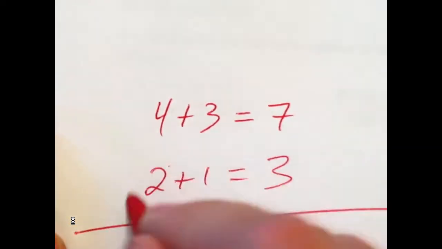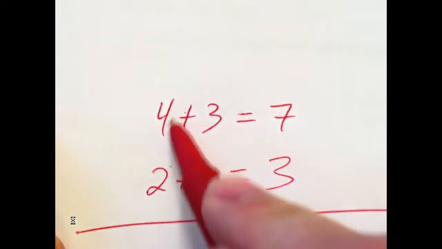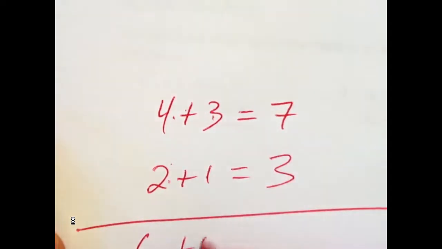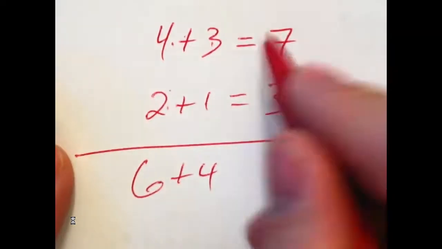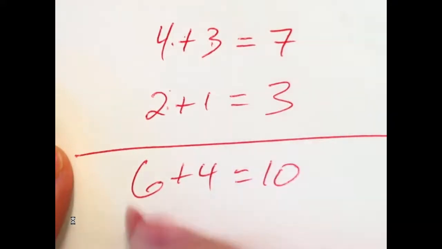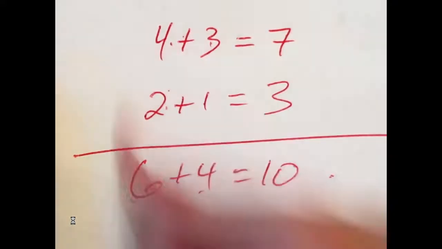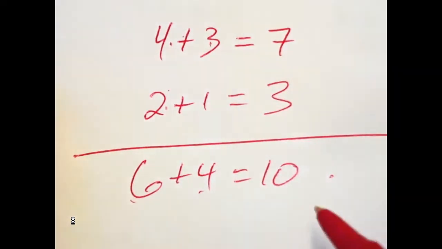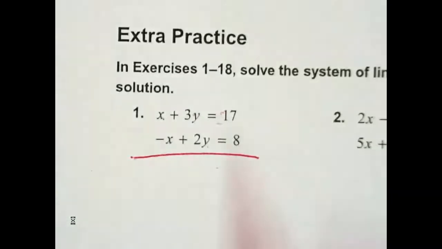If I add these 2 equations together, what's 4 plus 2? 6. What's 3 plus 1? 4. And what's 7 plus 3? 10. Is 6 plus 4 10? Yes. So when you add 2 equations together, you get a true statement at the end, if you do it correctly. So we can add equations, and that's what we're doing.